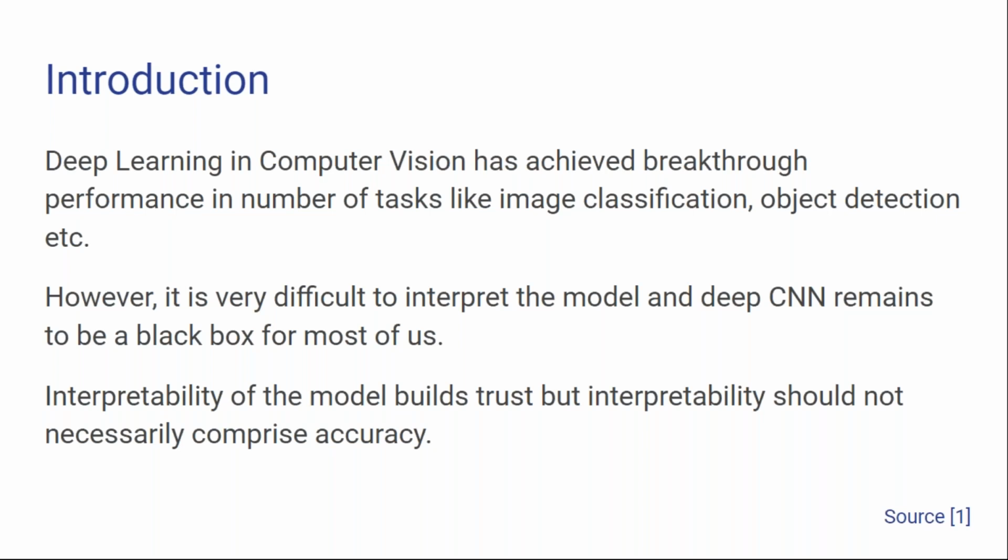If you have some background in computer vision, you might already be aware that tasks like image classification were not giving the accuracy that we wanted. But once we had deep learning, it gave tremendous improvement in performance.